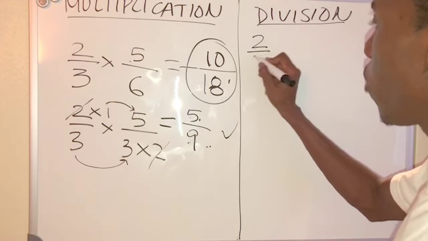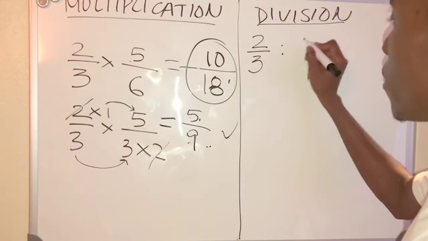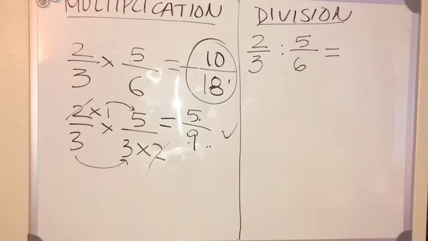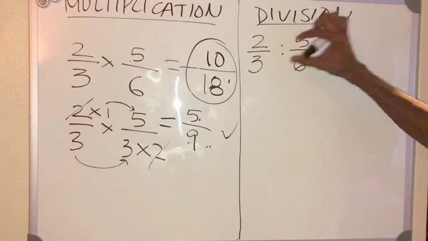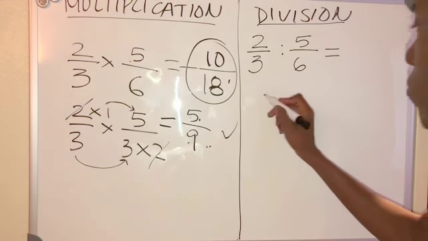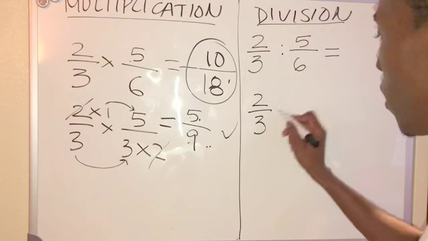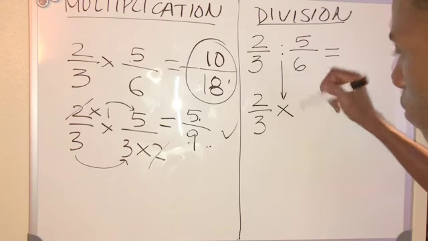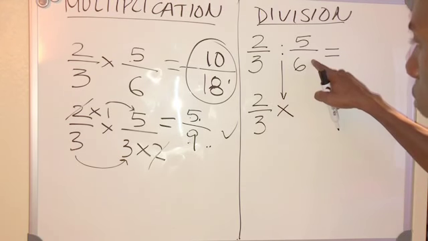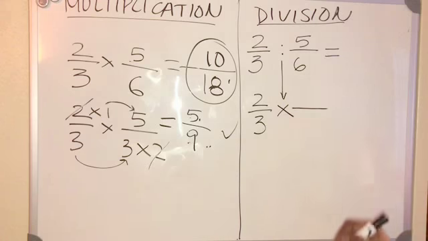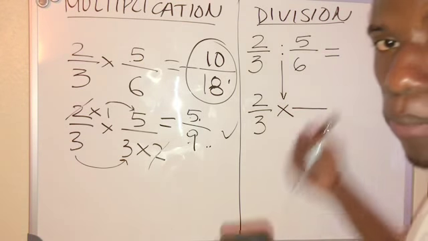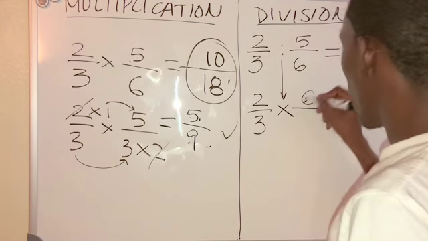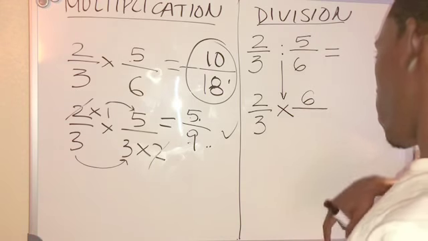So if I have 2/3 divided by 5/6, what I do is I take the first fraction and, instead of division, I multiply by the inverse of this fraction. What I mean by inverse is, top becomes bottom and bottom becomes top. So the 6 was in the bottom, now 6 is going to be on the top. The 5 was on the top, and 5 is going to flip to the bottom.